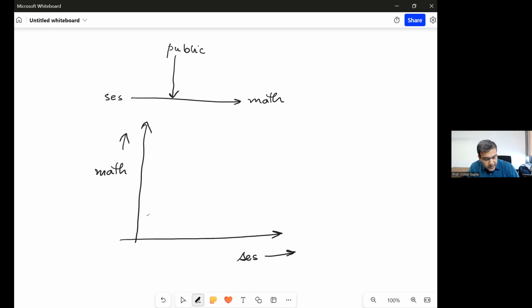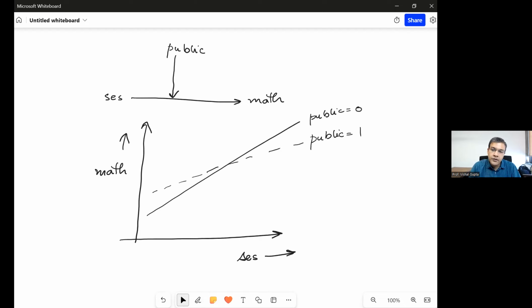So we say that this is for public equal to 0, because we have got a negative coefficient, and we will draw this for public equal to 1.